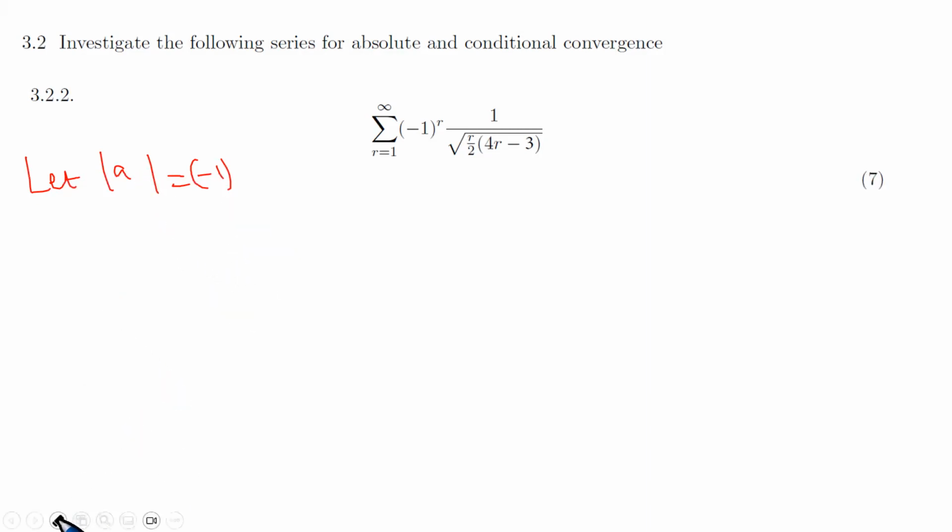So you let a_n be -1 to the power n, 1 divided by the square root of n over 2 into 4n minus 3.